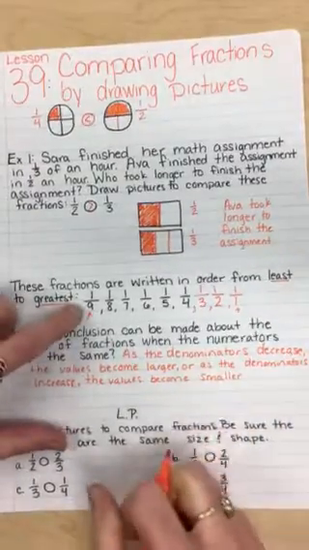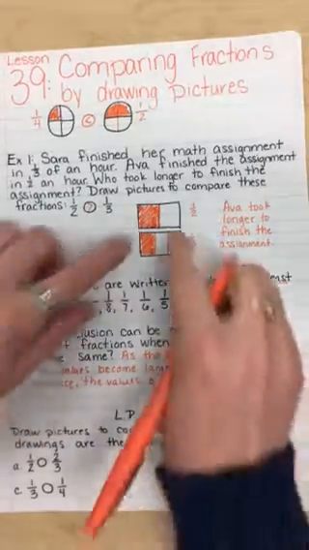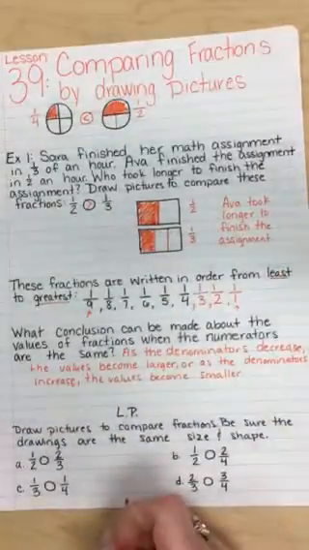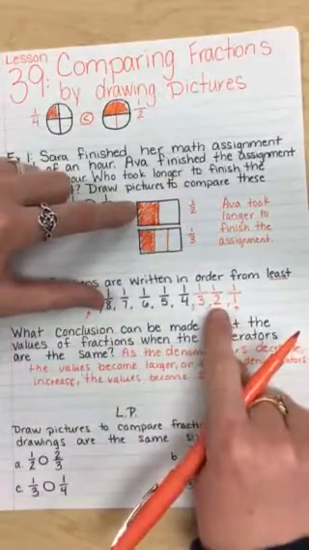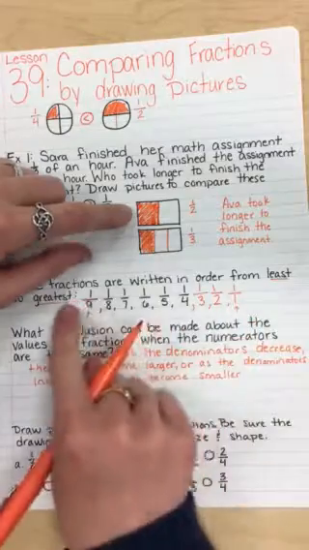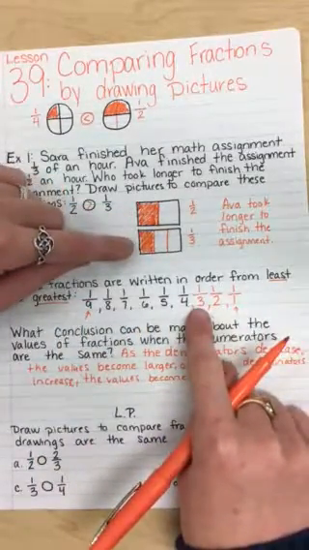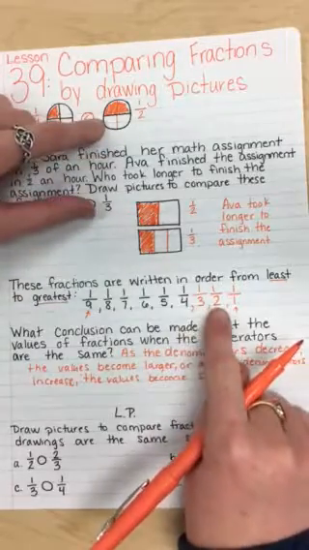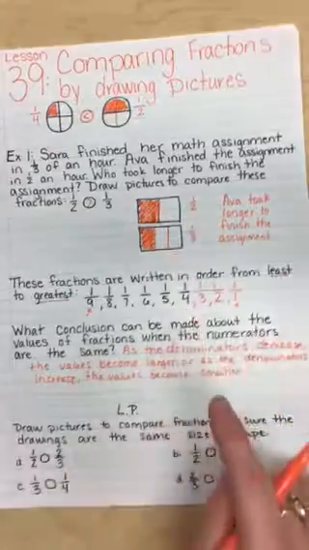So the larger the denominator, the smaller the actual part that you're dividing it into, right? This makes sense if you look at our pictures. So 1/2 right here is greater than, okay, so this is least, this is greatest. 1/2 is greater than 1/3. And up here, 1/2 is greater than 1/4, right?